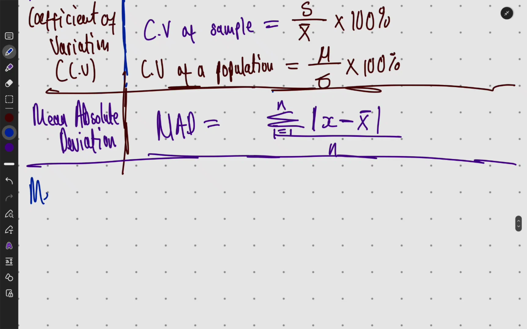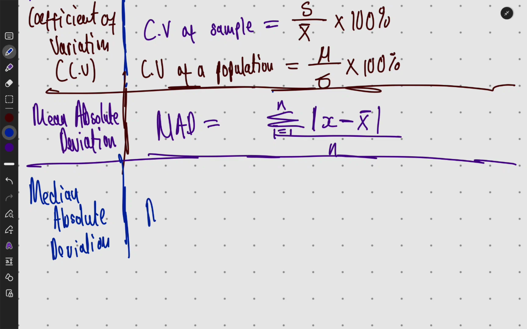What about the median absolute deviation? It's a very similar thing again. We saw for mean absolute deviation that you take every x minus the mean, sum them and divide by how many they are, in other words you take the mean of that result. Now for median, we say median absolute deviation, which we call MAD.